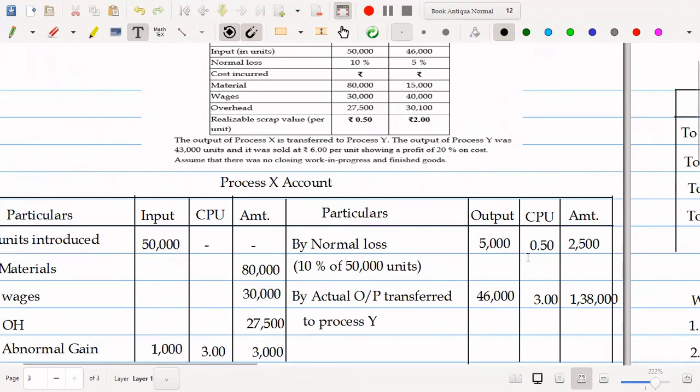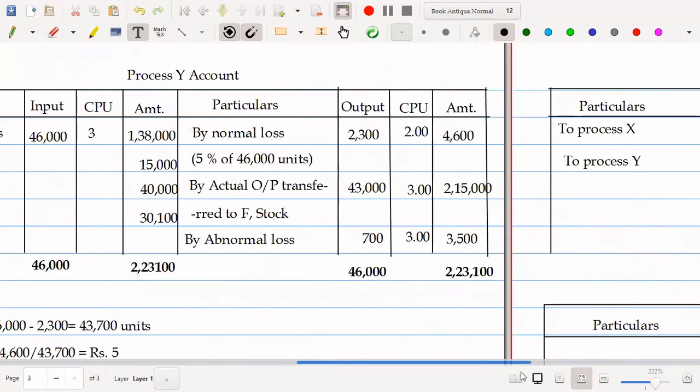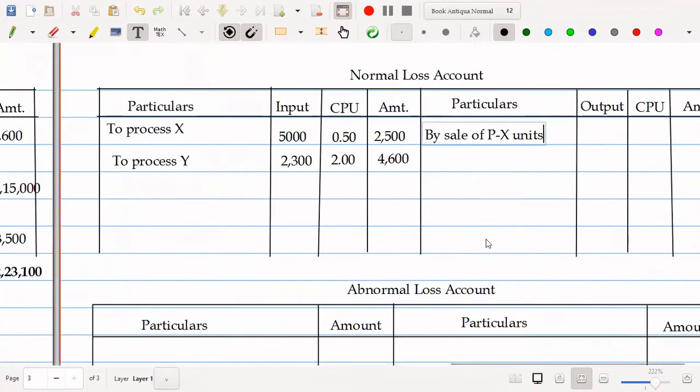So the scrap remaining is 4,000 and it is sold for 50 paise. The normal loss was 5,000 units less 1,000 which was your abnormal gain, so we have sold 4,000 units for scrap.